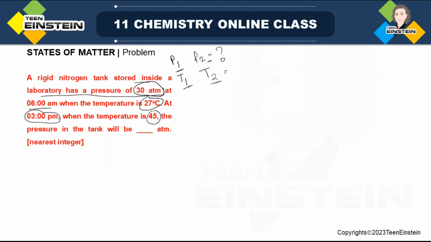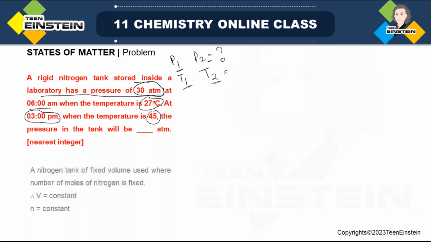But if you directly put it in the equation, it will be wrong, because degrees centigrade we have to change to Kelvin, then only we can get the correct result. So here we have to apply the PT relationship, the law that we have just learned, which is Gay-Lussac's law.